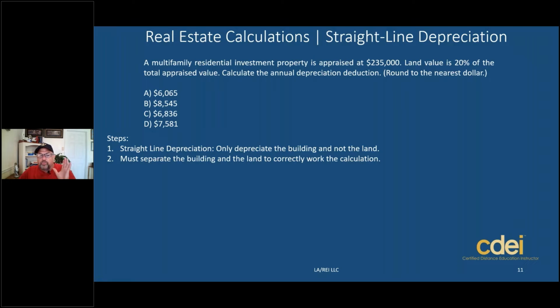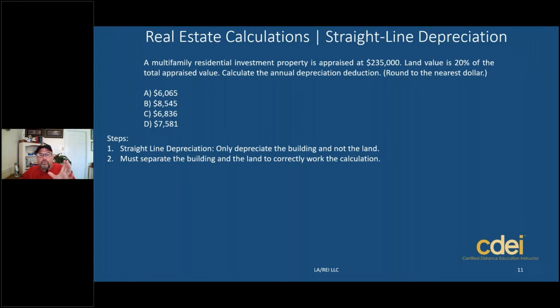Step number two. You've got to separate the building and the land to correctly work this calculation. So here they give you $235,000 for everything. That's building and land. Then they tell you the land's 20% of the total appraised value. Okay, so you have to keep these things oriented and in correct terms so you're able to get the right number.